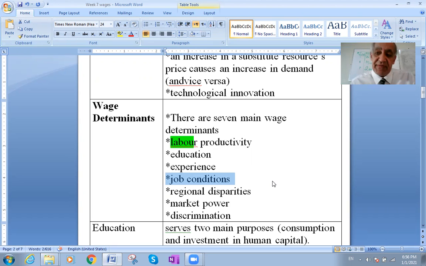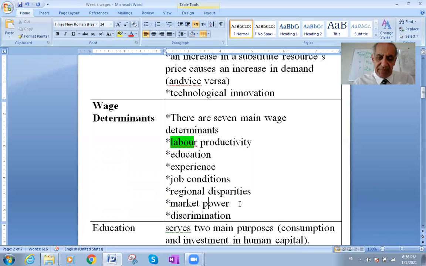So they might ask for a bonus, an alternate, extra for the risk. Regional disparities: from place to place, each region has its own laws and rules.